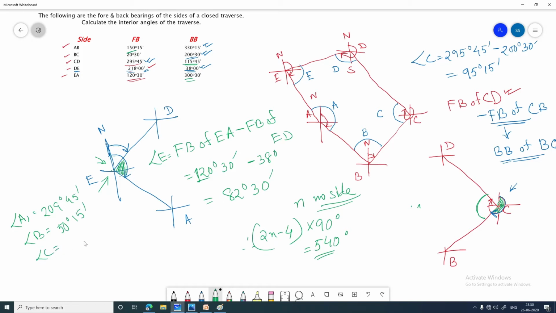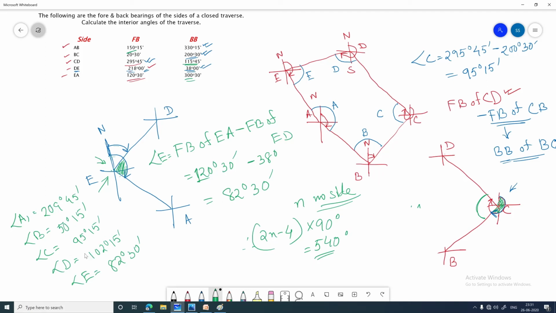Angle C equals 95 degree 15 minutes. Angle D equals 102 degree 15 minutes. Angle E equals 82 degree 30 minutes. Okay, you just cross verify if there is any mistake.